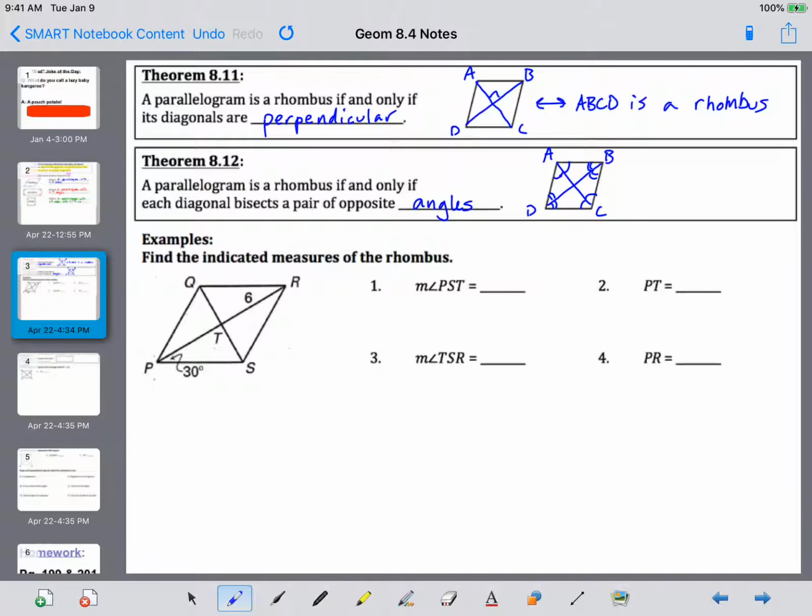So the diagonals bisect each opposite angle. If that is true, ABCD is a rhombus.